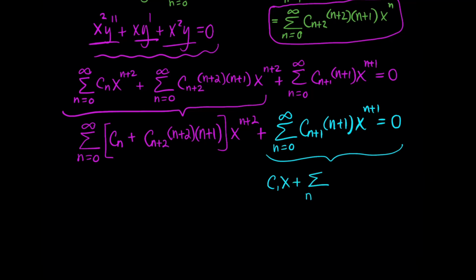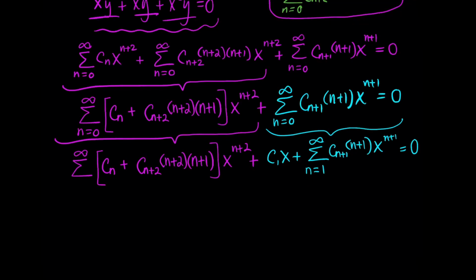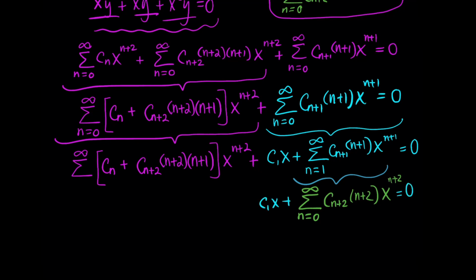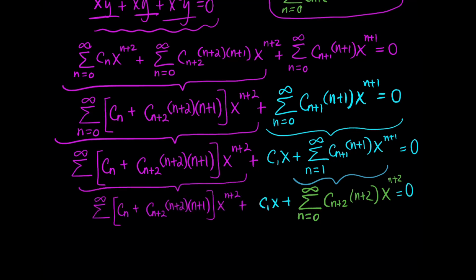So what I'm going to do is first write out what the first term of that series is, and then write out the rest of the series starting at n equals 1. From there I can then re-index that remaining series, and by doing so I will have a power of x that is related to the first power of x that we were dealing with in this series. In other words, I can combine all those infinite series together now, all in terms of x to the n plus 2 power.